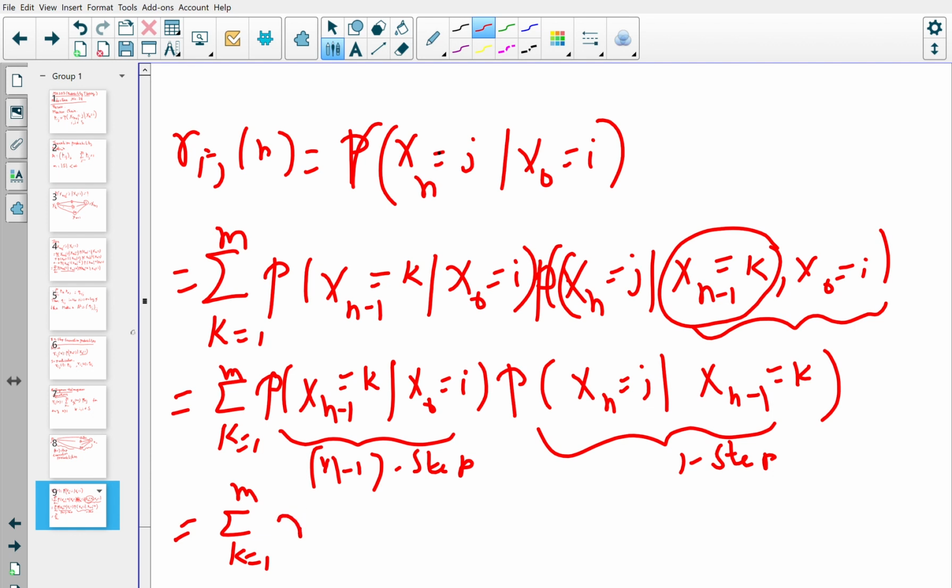This becomes the sum of Rik of n minus 1 times Pkj.